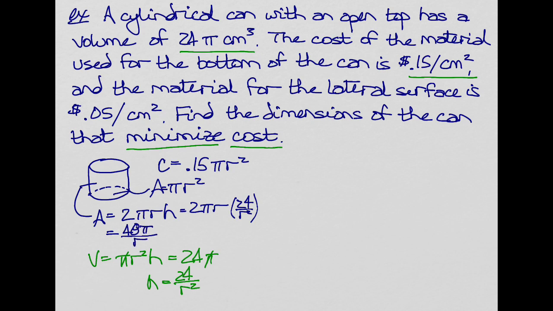So there's the area of the lateral surface of the can. But again, I'm not trying to do anything to the area. I'm trying to minimize cost. Well, I know the cost of the lateral surface material is 5 cents per square centimeter. So I'm going to do 5 cents times that. .05 times 48 is 2.4.